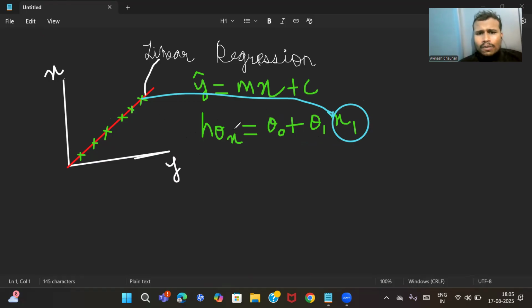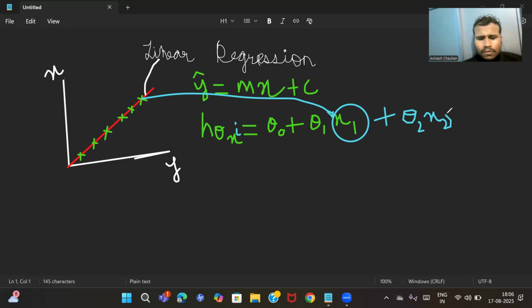And if you want to write it for multiple points, we will simply write h theta of x equals theta 0 plus theta 1 x1 plus theta 2 x2.